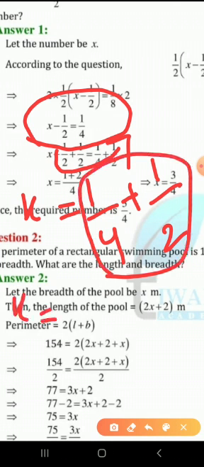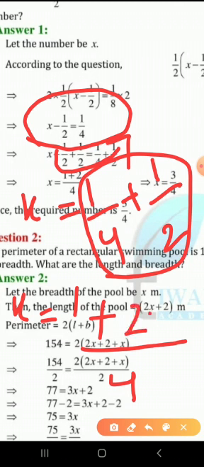Now in order to solve it, the LCM of 4 and 2 is 4. Here the denominator is 4, LCM is 4, the same, so numerator 1 can be written as it is. Here the denominator is 2, LCM is 4. 2 2s are 4, so 2 into the numerator 1.